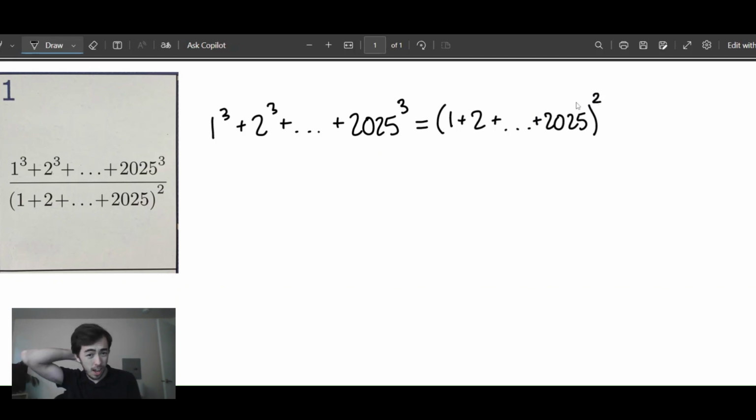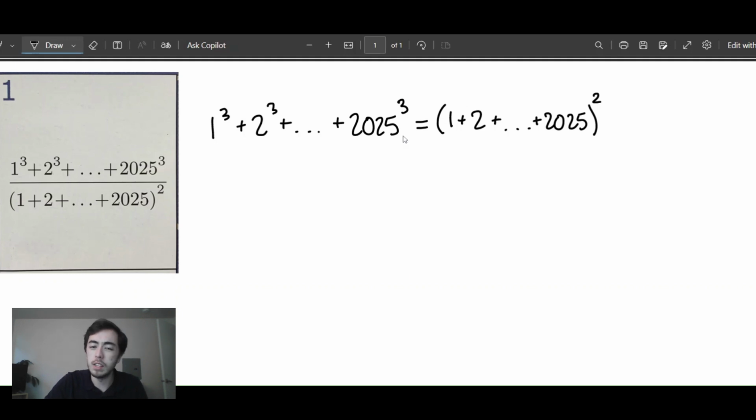So ideally, I could show that the sum of cubes is the same as the sum of all the natural numbers from 1 to 2025, all squared. If they're equal to each other, it's the same thing as saying that this whole fraction is 1.